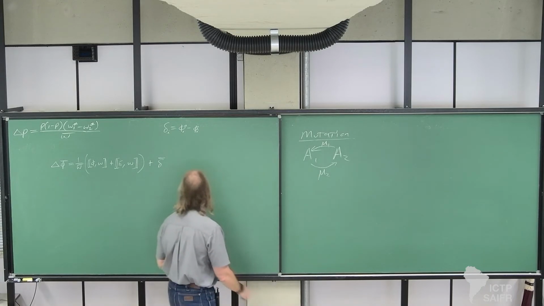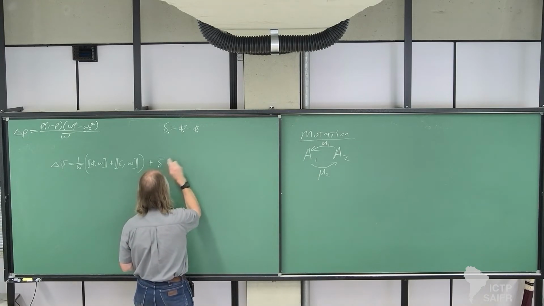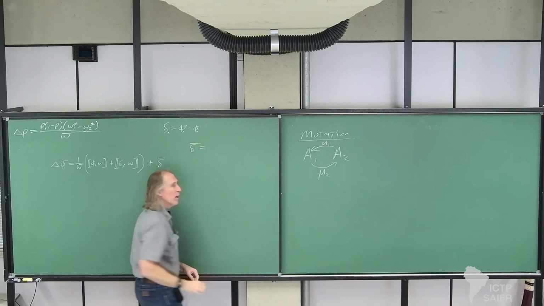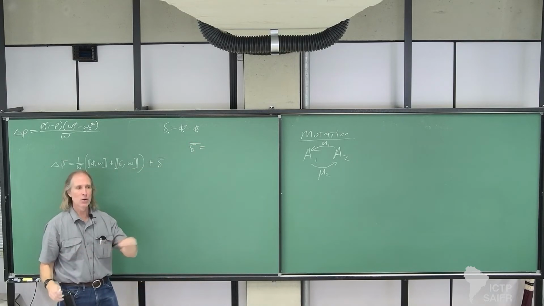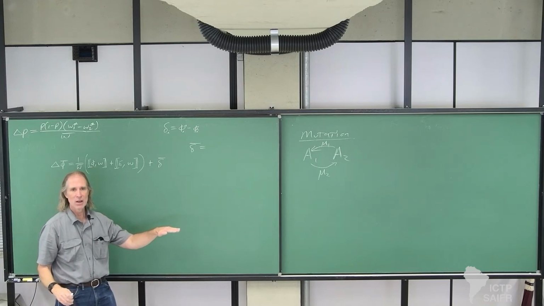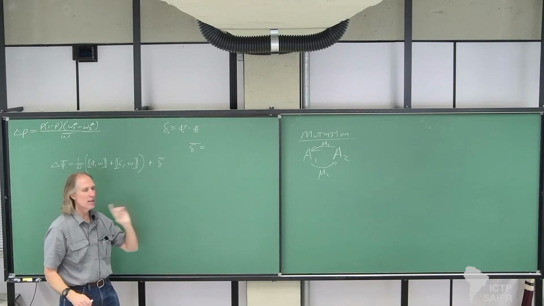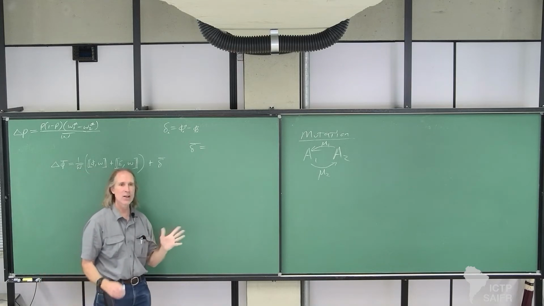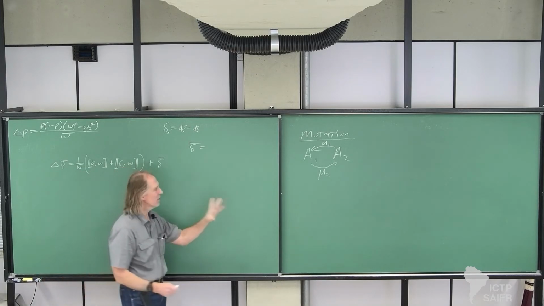In that case, what would this delta bar look like? Well, it is the average across the whole population of the change in phenotype, but remember now our phenotype is whether or not you're A1, right? We set that up yesterday.